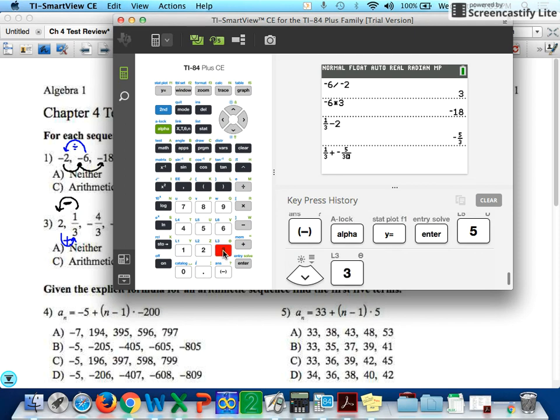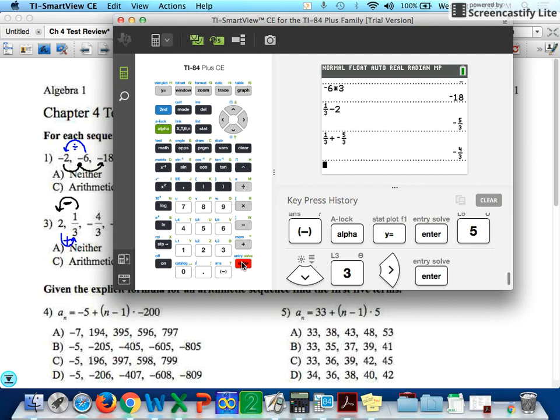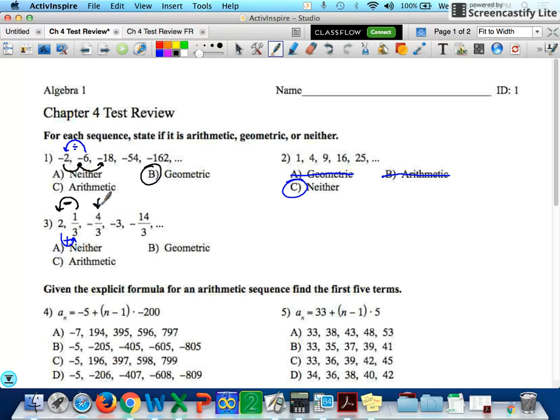Adding a negative is the same as subtracting. We've seen that plenty of times before. And I press enter. Well, what pops up says, if I take my second term and I add -5/3, I'm going to get -4/3, and that's exactly what we got. So we are adding to get to every step. That means we have an arithmetic sequence.